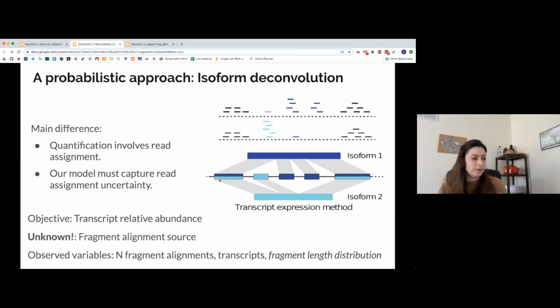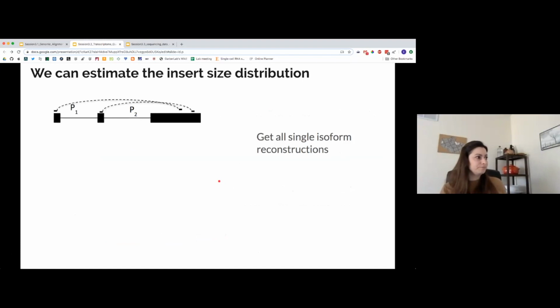So let's go back to the fragment length distribution idea. If you remember, we just went through paired end sequencing, and you have read 1 and read 2 for each sample. Here I'm showing you two pairs of reads. You have read 1 and read 2, and here for pair 2, you have read 1 and read 2.